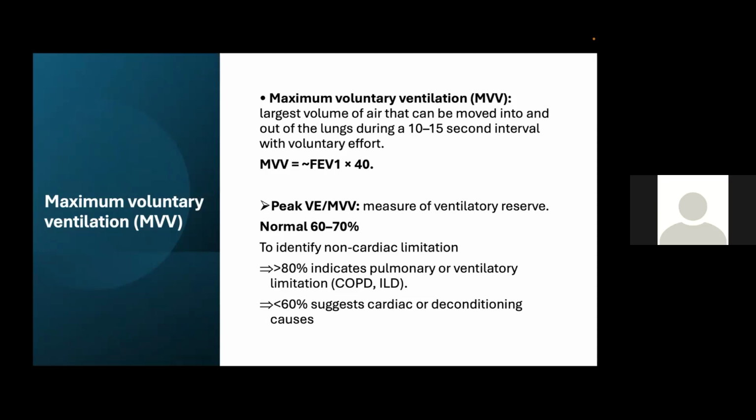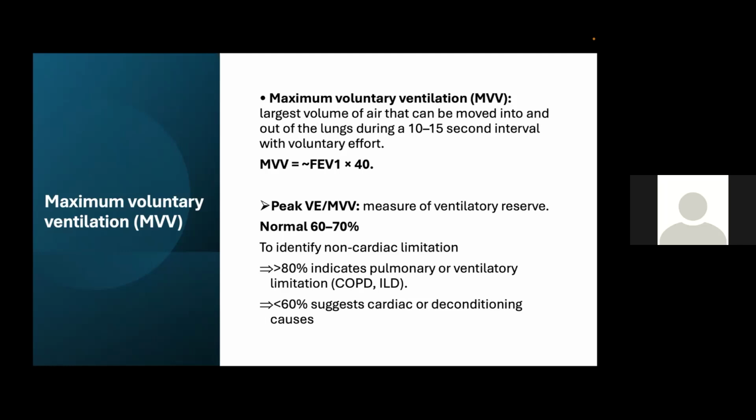From the maximum voluntary ventilation and minute ventilation, we have an important parameter, the ratio of the peak minute ventilation to the maximum voluntary ventilation. And this measures the ventilatory reserve. Normally the ratio should be between 60 to 70%. So if the ratio is more than 80%, that indicates pulmonary or ventilatory limitation.